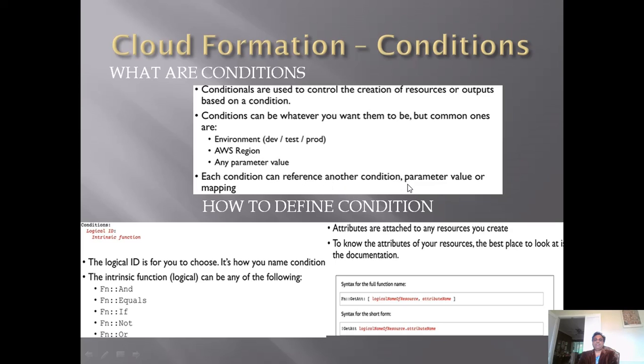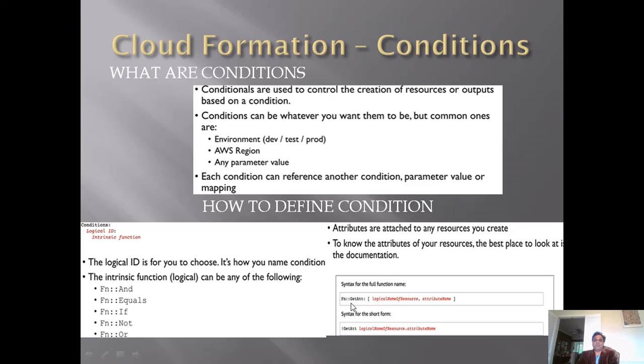Each condition can reference another condition, parameter value or mapping. So that is where it's more powerful. You could bundle whatever we learned so far, so that when you do a condition, you could base it on the parameter value or mapping also. How to define the condition? Usually you use Fn::And, Equals, If, Not, Or. So these are all the possible ways you could define conditions.